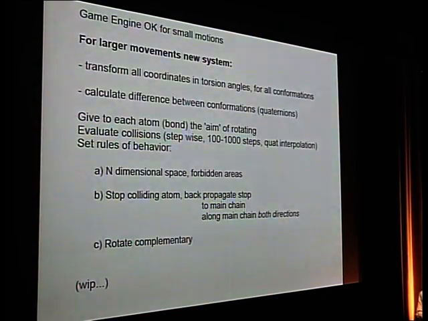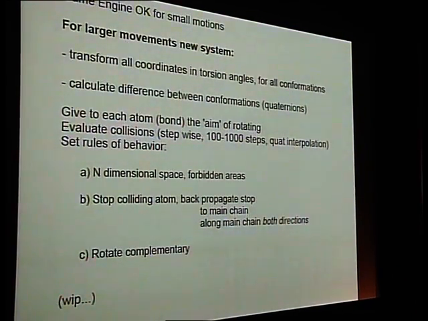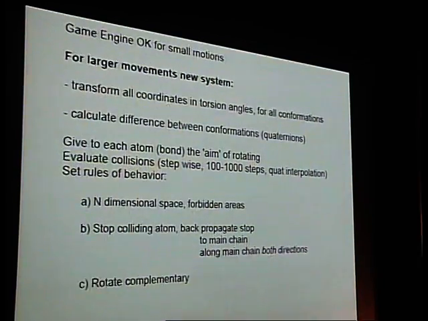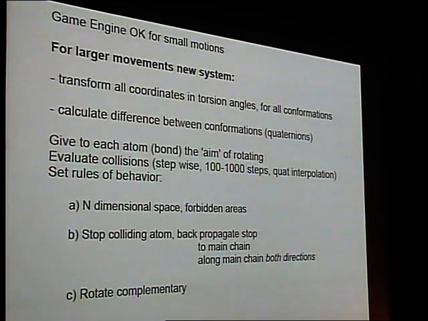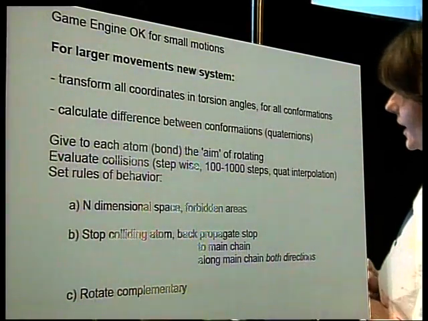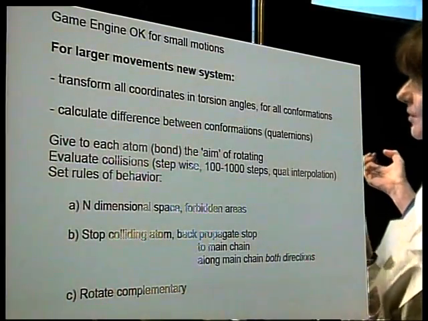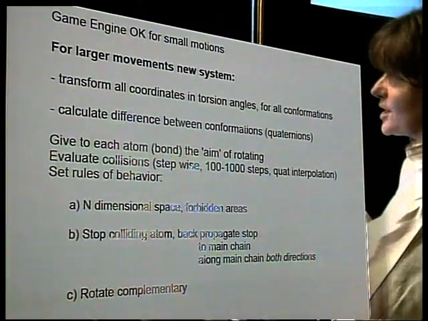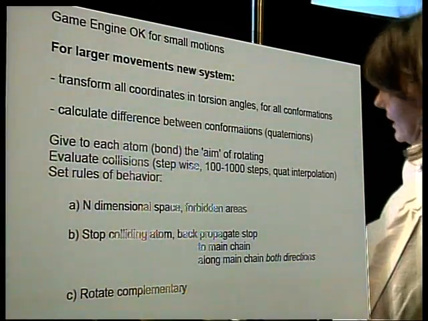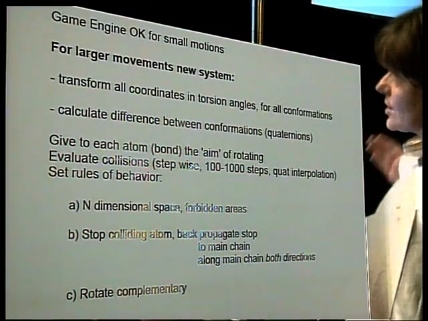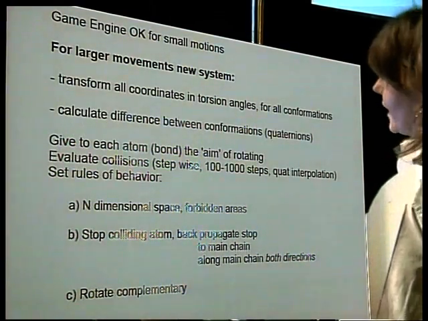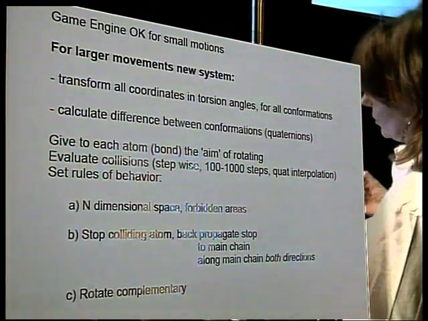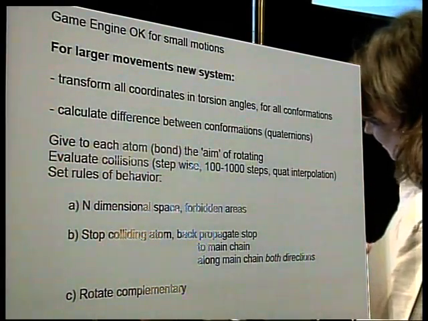We have done this from the coordinates. We have transformed all the coordinate information into rotation angles, the rotation angles that connect all the atoms. The difference between the rotation angle in one conformation and another conformation can also be expressed as a rotation. So we have a collection of quaternions, each assigned to every bond, which basically means to every atom.